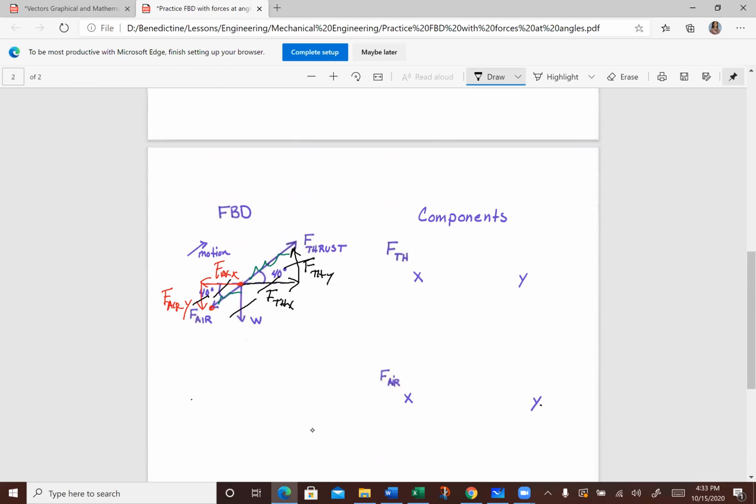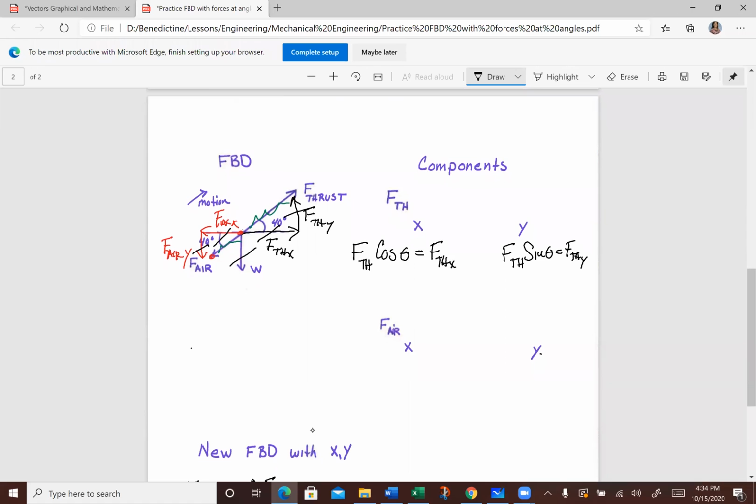So if we go back and we want to do our SOHCAHTOA, again, the cosine goes with the X. So this would end up being force thrust cosine theta equals force thrust X. Force thrust sine theta equals force thrust in the Y. In the X, I'm doing a little quicker, sorry, but in this case, if I want to look at the air resistance one, I can again say the cosine function: adjacent, force air X, divided by hypotenuse, force air.